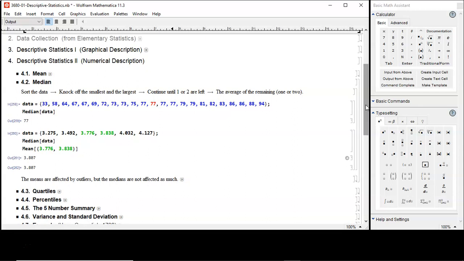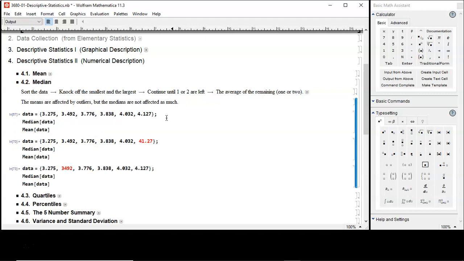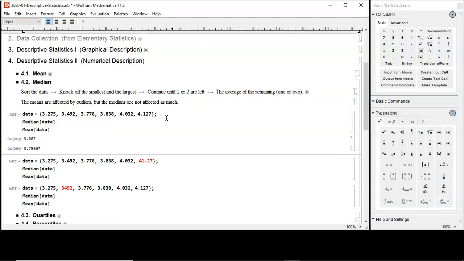Now, one of the nice things about median is means are affected by outliers, but medians are not affected as much. Consider this. We have those 6 numbers, and the median is going to be the middle of these 2, so we have that. And the mean is the sum of all these 6 numbers divided by 6.